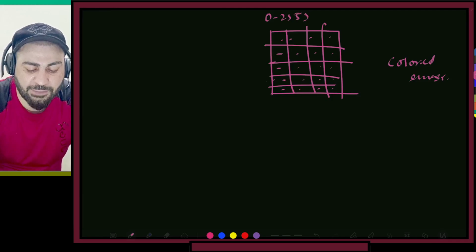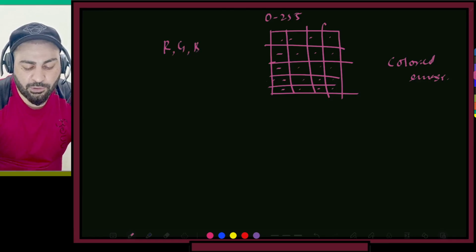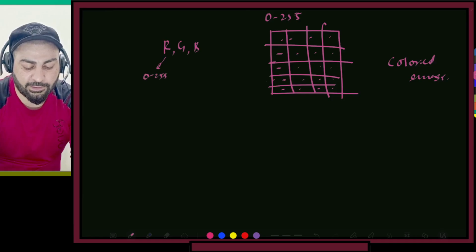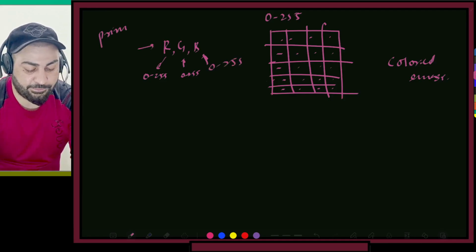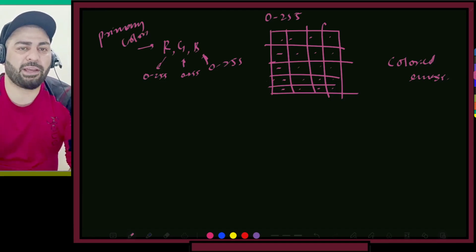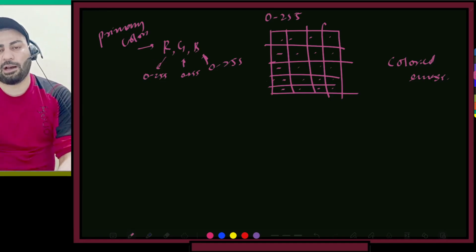Each pixel will be represented by 3 numbers: red, green and blue. Each of these will have values from 0 to 255, because these are called primary colors. We only need these 3 colors to make any color in the world. We can combine these colors to make any possible color.